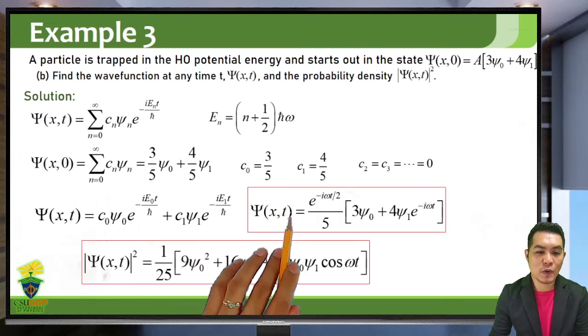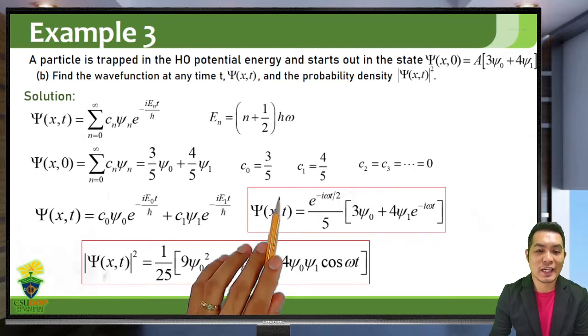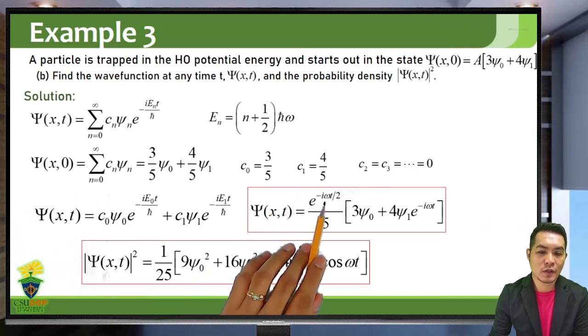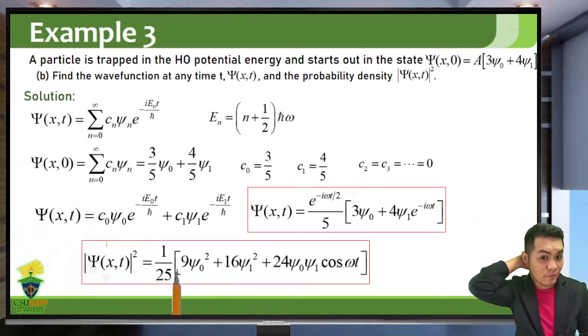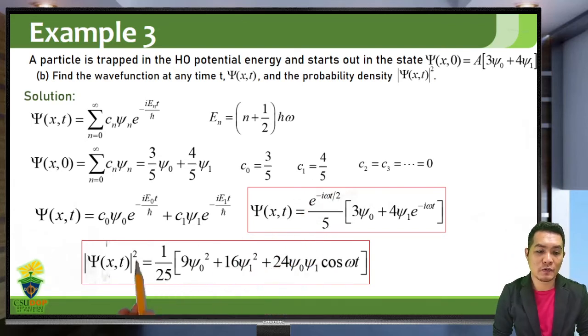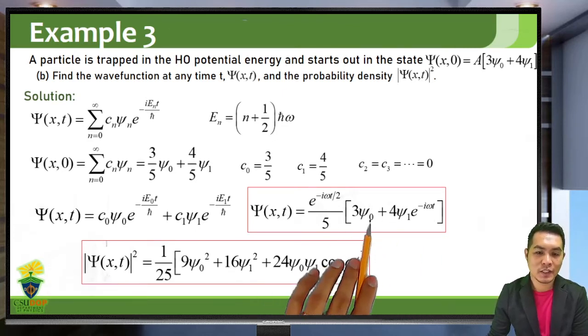Of course, if you square this to get the probability density, it's just the conjugate of this multiplied by itself. The conjugate of e to the negative i omega t over 2 is e to the positive i omega t over 2. The absolute value squared of this term here is just 1 over 25. And for the terms inside this bracket, the absolute value squared is just this one: 9 psi naught squared, 16 psi 1 squared, 24 psi naught psi 1 cosine omega t.